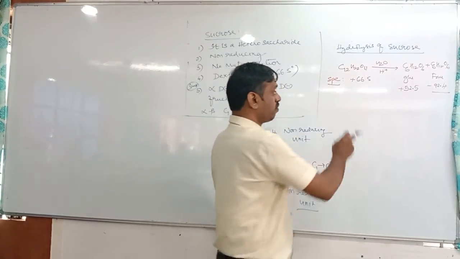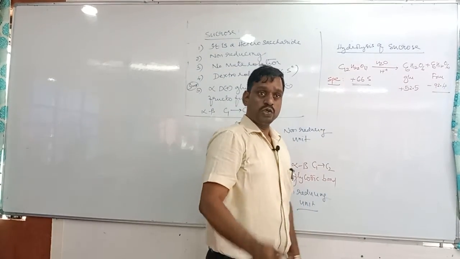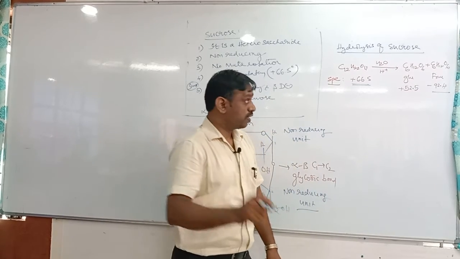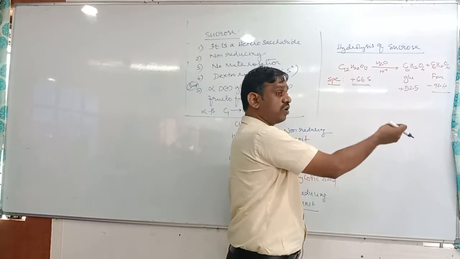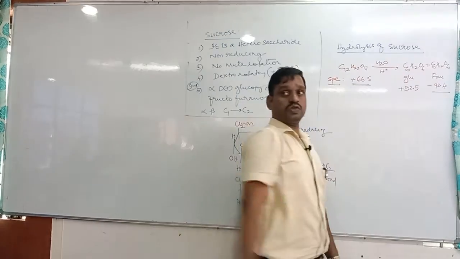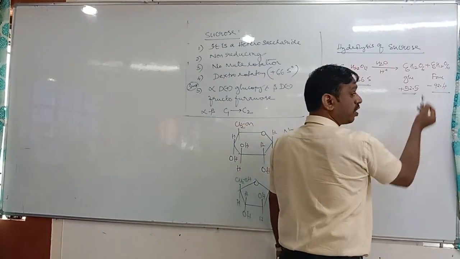The specific rotation of sucrose is 66.5, which means dextro. Sucrose before hydrolysis is dextrorotatory. But when sucrose undergoes hydrolysis, it gives dextrorotatory glucose and levorotatory fructose.